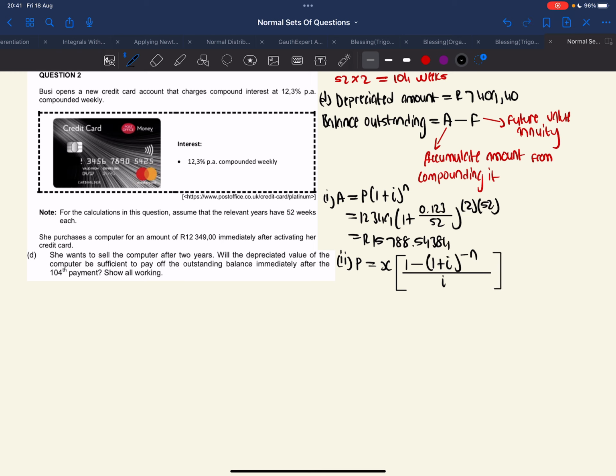Remember from the previous questions from D, we were told that it's gonna be paid 94.75, then 1 minus 1 plus 0.123 over 52.